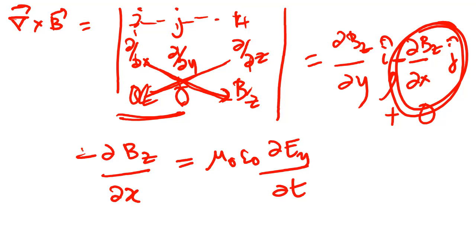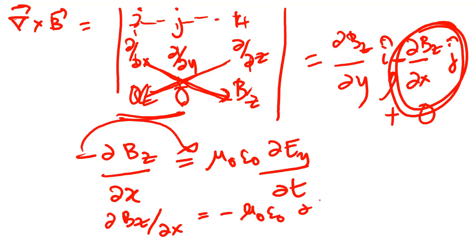And I can move this negative sign there. So I could write dou Bz by dou x is equal to minus mu naught epsilon naught dou Ey by dou t. So again, we are doing a very simplified version of Maxwell's equations to derive the wave equation. Nevertheless, I think it gives you a sense of where the wave equation comes from.